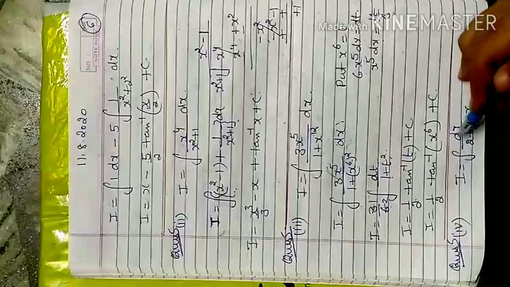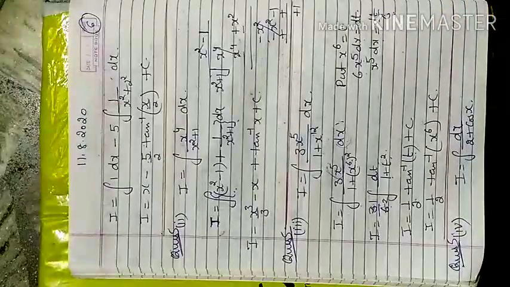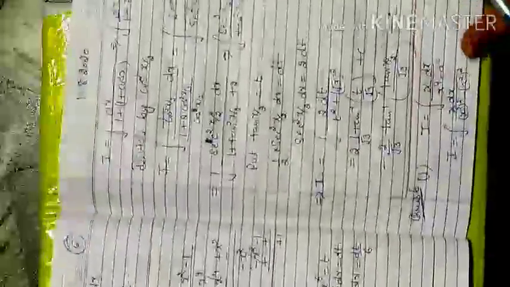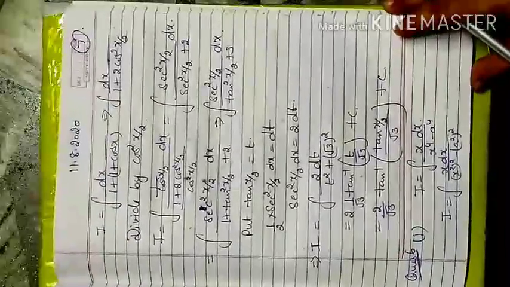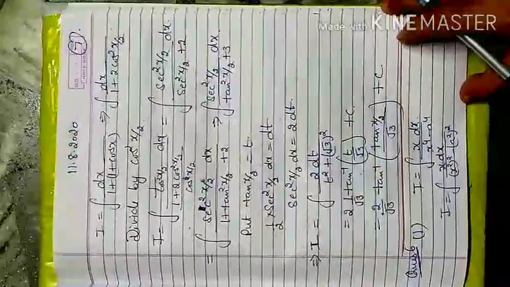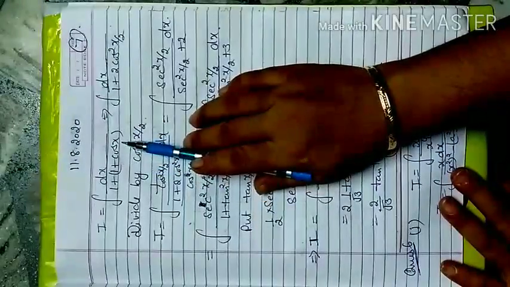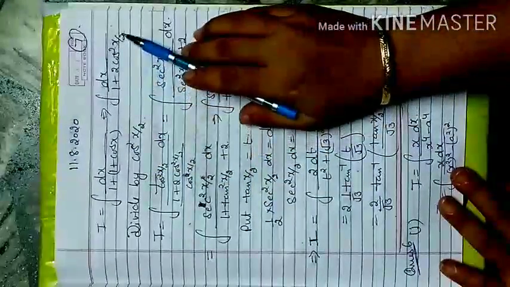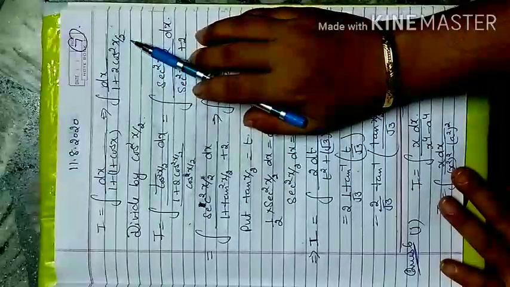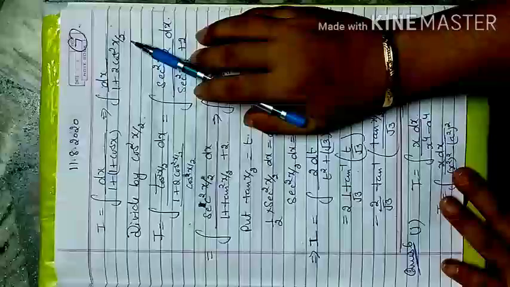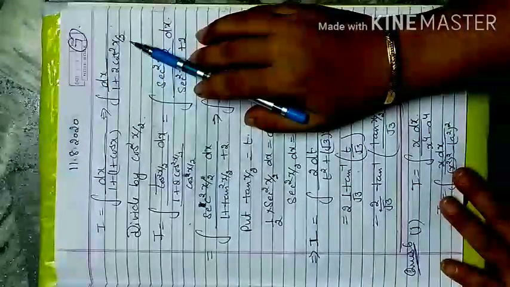Now fifth question, fourth part is 3 over 2 plus cos x. So first you will separate 1 from that like this. So here 1 plus cos x, and we have the 1 plus cos x formula, which is 2 cos square x by 2. Now the next step is, whenever there is a cos square or sin square combination, try to convert into the secant form.